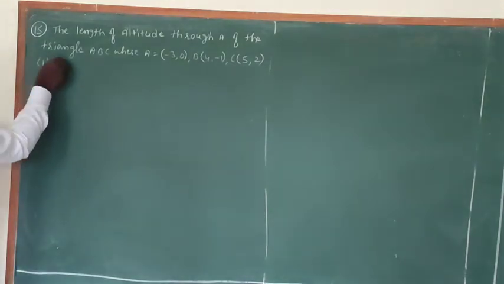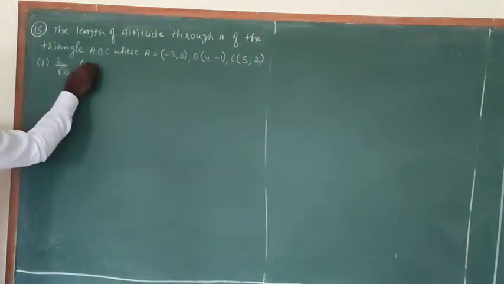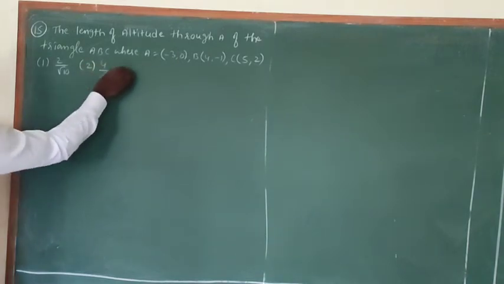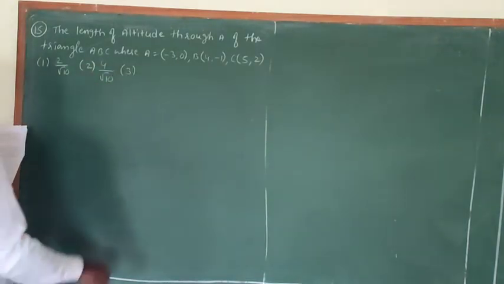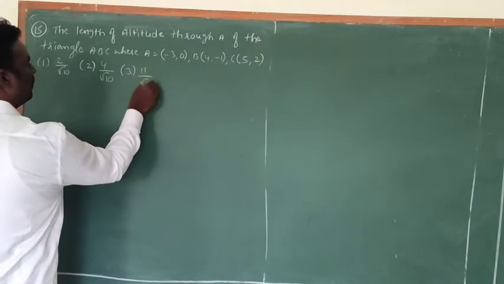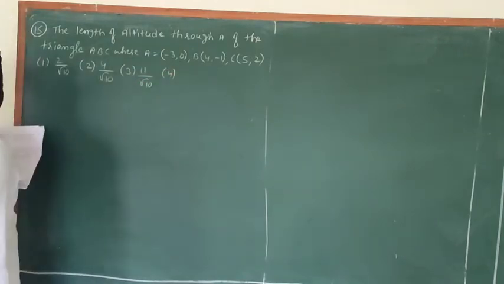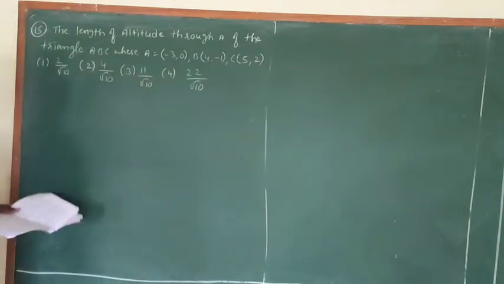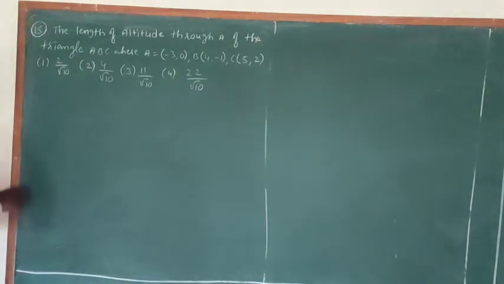First option 2 by root 10, second 4 by root 10, third 11 by root 10, fourth 22 by root 10. We need to find the length of the altitude from A.